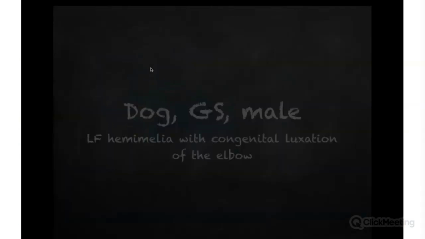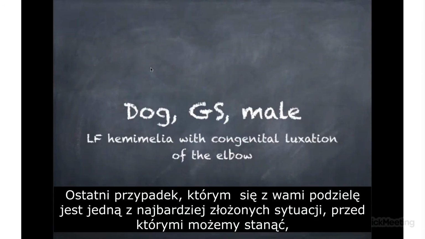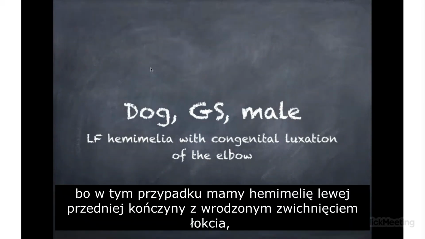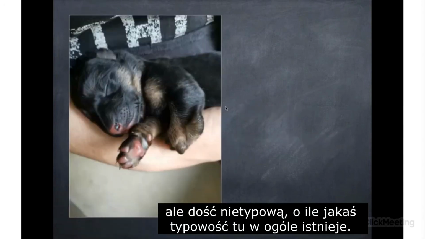Okay, here again, for the last case that I'm sharing with you, one of the most complex situations that we may be called to face, because in this case we have left front hemimelia with congenital luxation of the elbow, but in a way that is not very standard, if a standard exists.